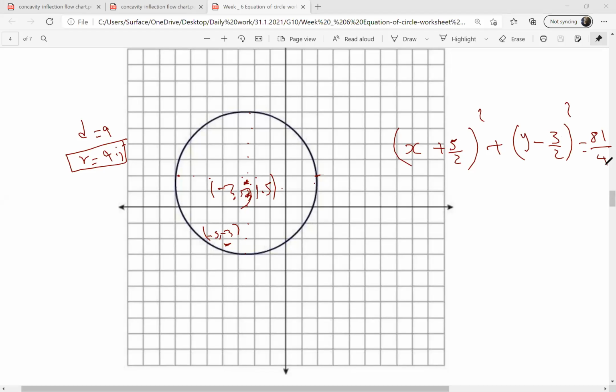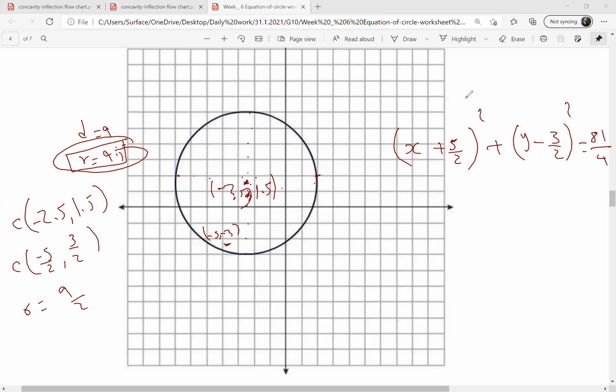So the center is negative 2.5 and 1.5 and the radius is 4.5. Center is negative 5 over 2 and 3 over 2, radius equals 9 over 2. So the radius power 2 will be 81 over 4 and the center will be negative 5 over 2 and 3 over 2.